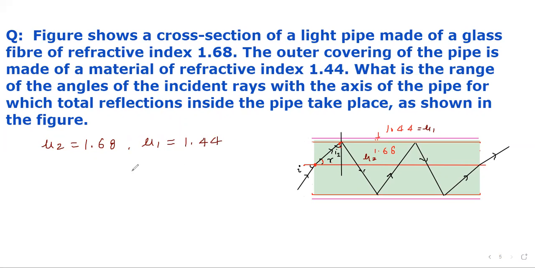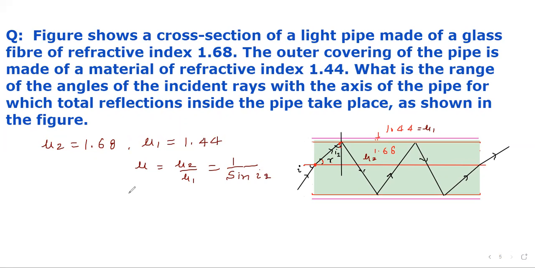Now we find the relative refractive index. So mu equals mu2 divided by mu1, which will be equal to 1 upon sine i1.